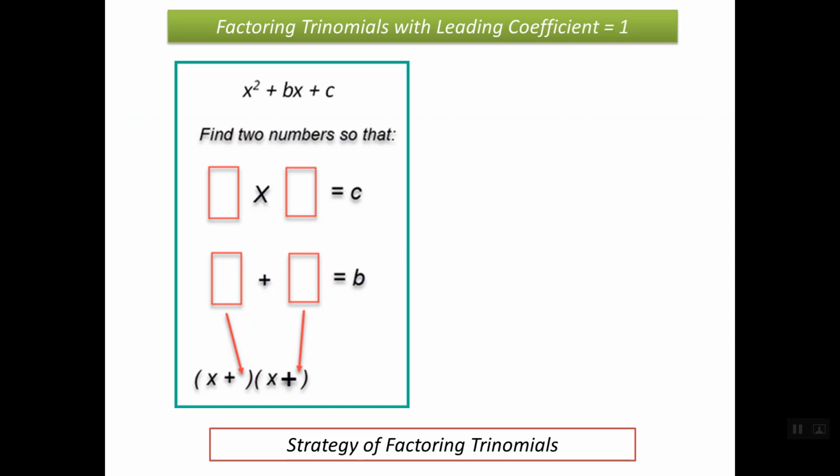Let's understand how to factor trinomials when the leading coefficient is equal to 1.